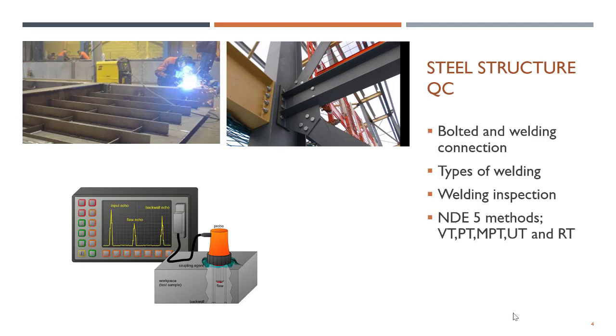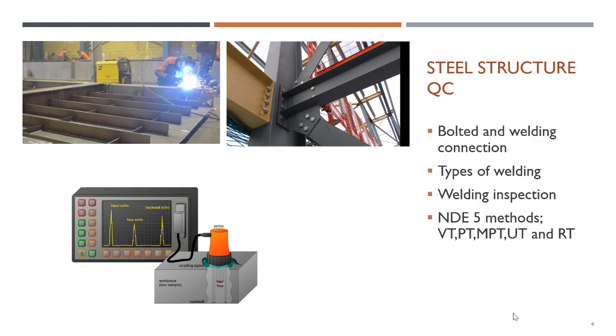From the UT we can look inside the material, to find out if there is some problem inside, some cracks and so on. All these 5 methods can be used for any metal, but we use them here for the steel structure to define the quality of the steel and also the quality of the welding itself.